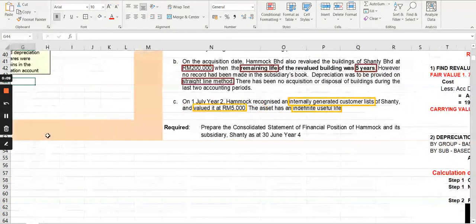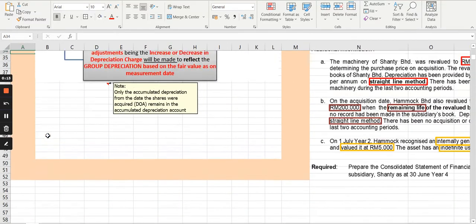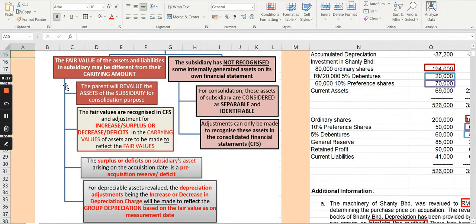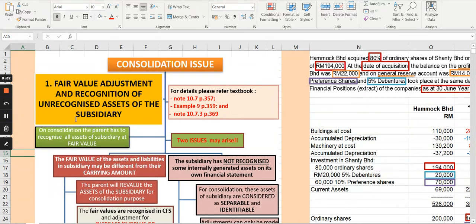I'm going to proceed with the discussion on fair value adjustment of the assets and liabilities in the subsidiary, where you have the issue of recognition of unrecognized assets of the subsidiary. So this is the second video of the consolidation issue listed here regarding fair value adjustment and recognition of unrecognized asset of subsidiary.